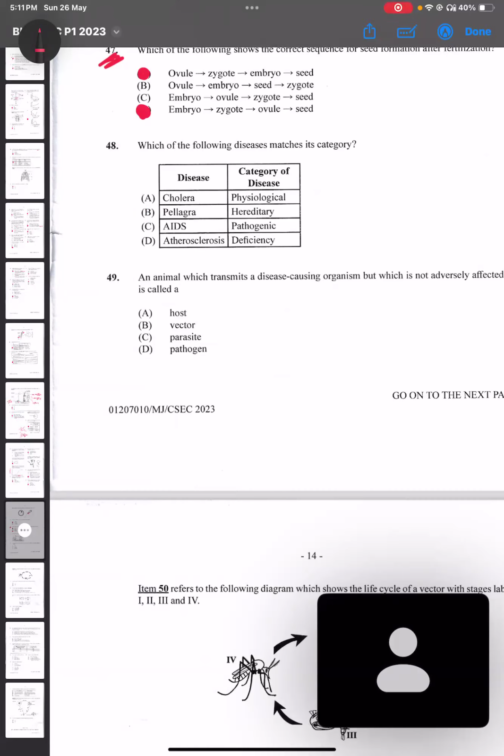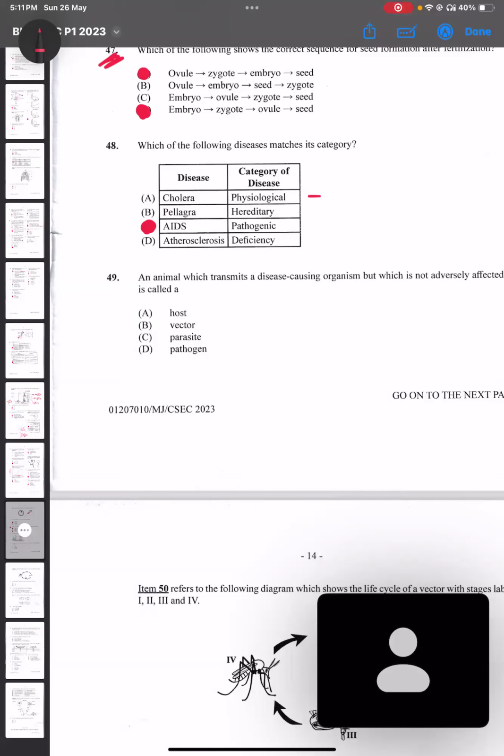Okay, I see C, D. I had C. Cholera is not physiological, it is caused by a pathogen. Pellagra is a deficiency of, I think, niacin. It's a deficiency disease, so it cannot be hereditary.